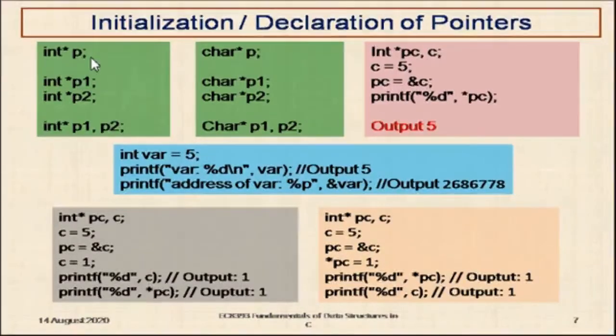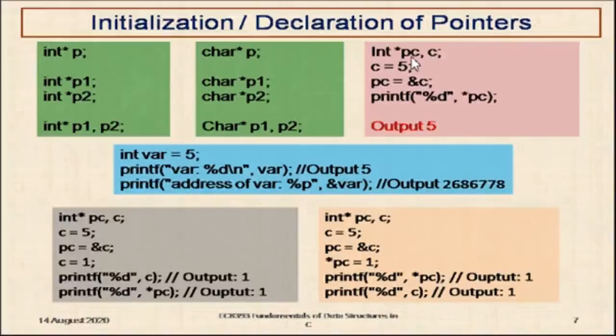Or we can do like this, int *p1, int *p2. So two are pointer variables. Or otherwise we can do the same thing in a single statement, int *p1, p2. So these are different ways.